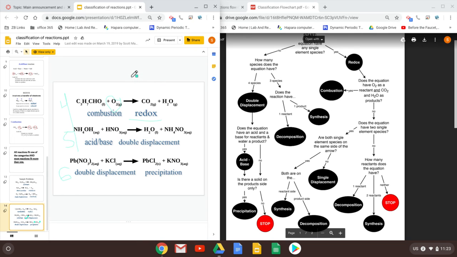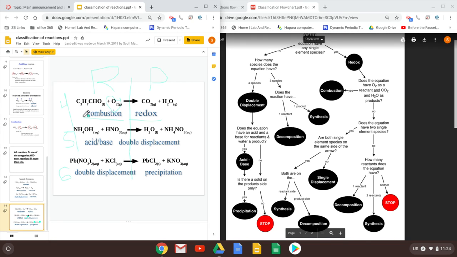Remember, the arrow splits the problem. Reactants are over here, and products are over here. O2 is a reactant, and if we look over at the product side, we have CO2 plus H2O. That would make this a yes, and it would be combustion.